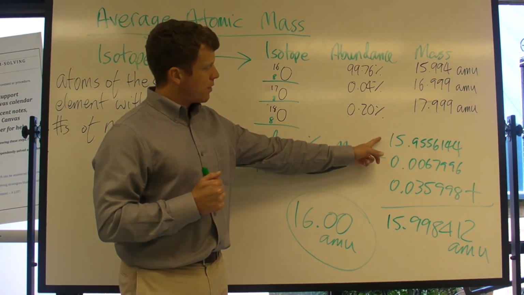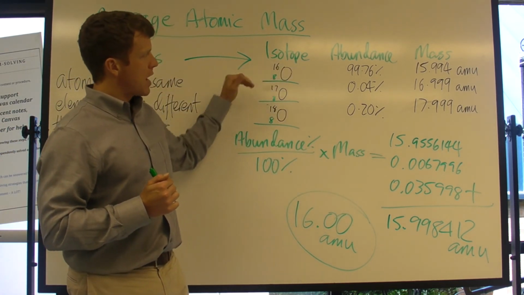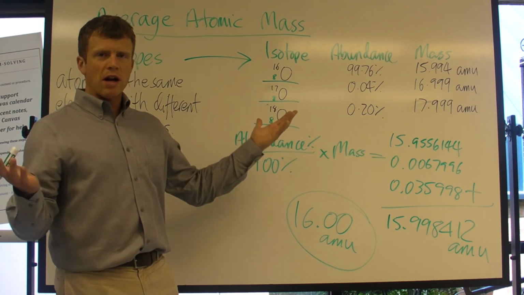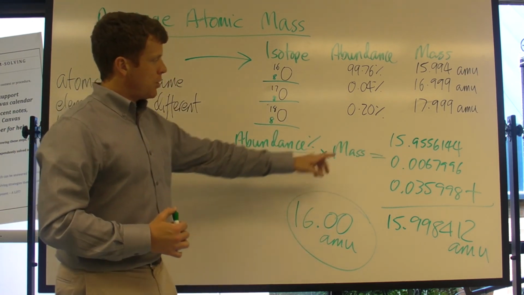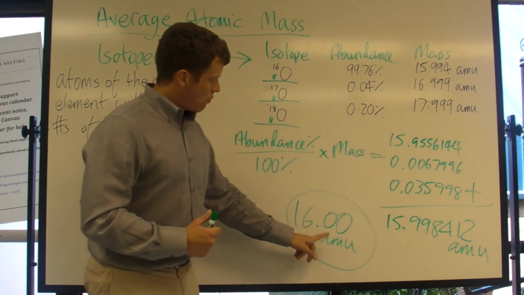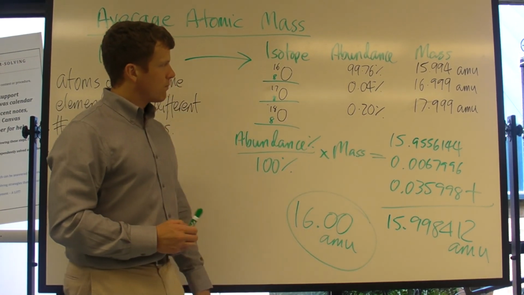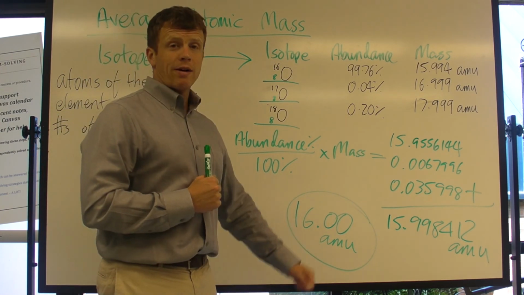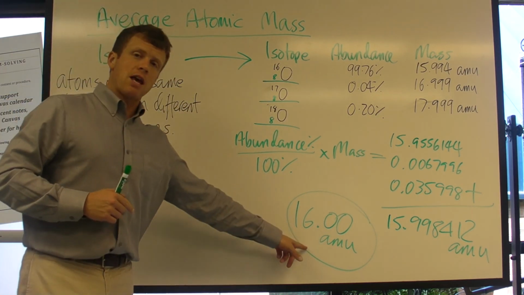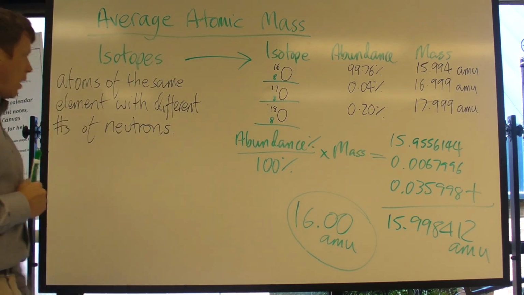You end up with 3 values because you've got 3 isotopes. If you've got more isotopes or less, then you've got to do this calculation for each of those. You do the math, add them all up, round to the least number of decimal places, and you've got your answer. Compare it to the periodic table just to double check your work.